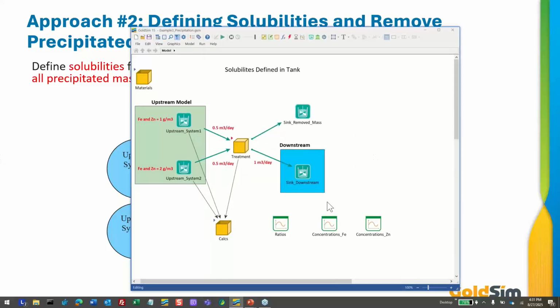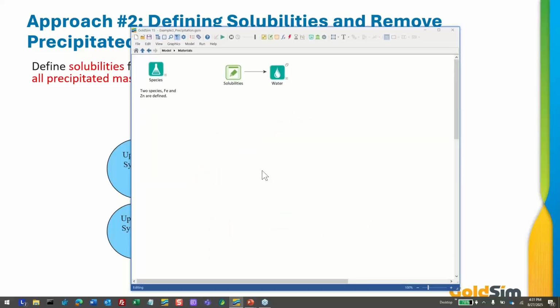The structure of that model looks similar, but we have to go up here to our materials because there's a very important difference. I now need to specify solubilities. This is kind of an advanced feature. The issue we have here is we have water in GoldSim.